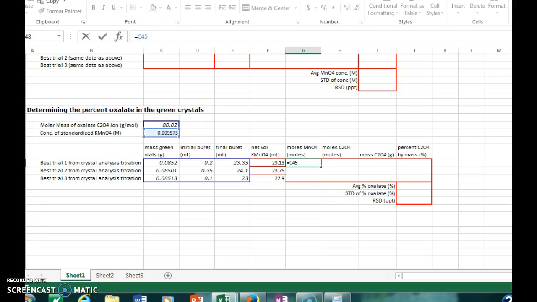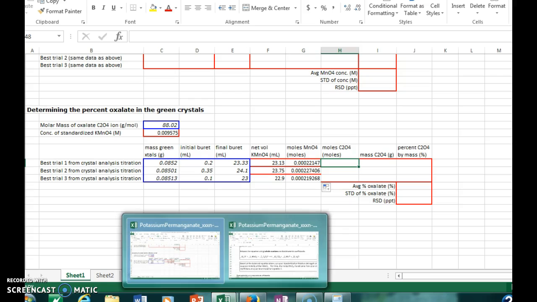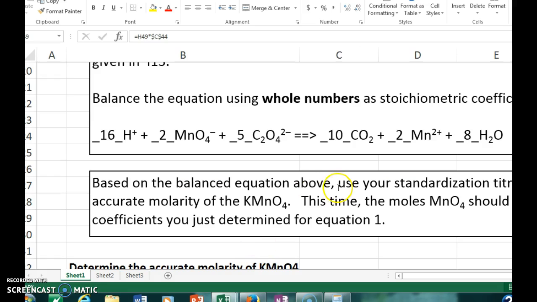You need to add dollar signs so that it keeps on drawing from that same cell. And then I'm going to multiply by my net volume, divided by 1,000, because I need to change it to liters. Click, drag.